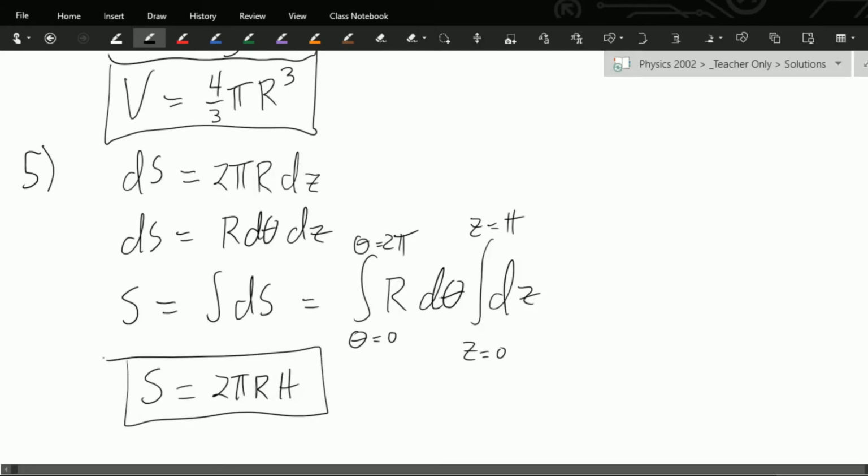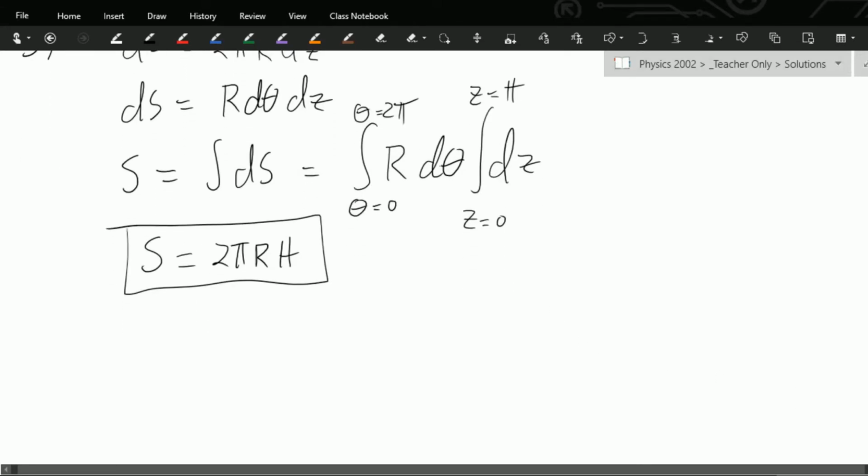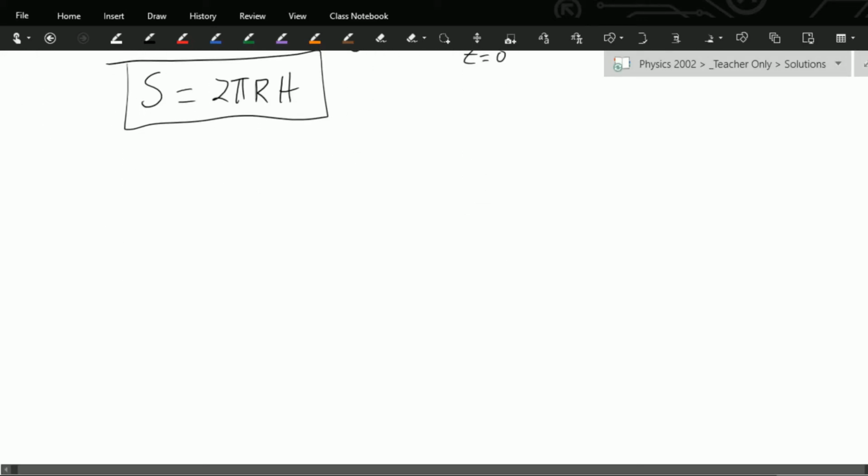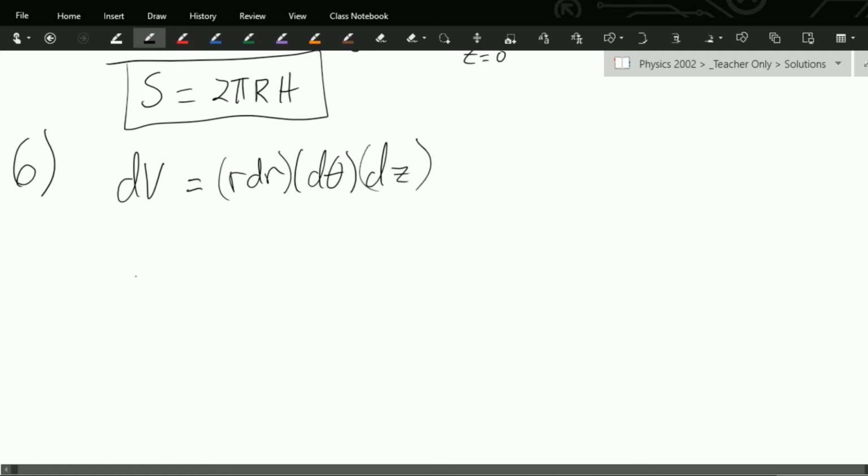The last one that we have is just to find what the volume of a cylinder is going to be. This is going to be problem 6. So for problem 6, we're going to say that dV is going to be equal to r dr times d theta times dz. And then if we want the total volume, this is going to be the integral r dr d theta dz.